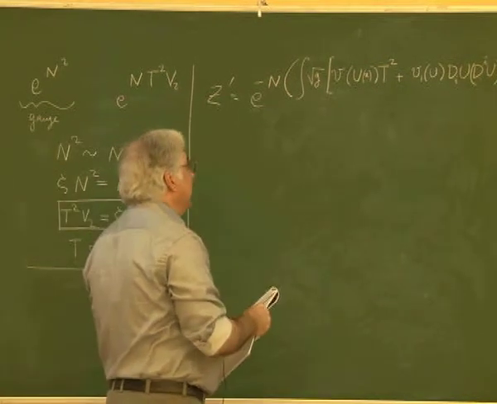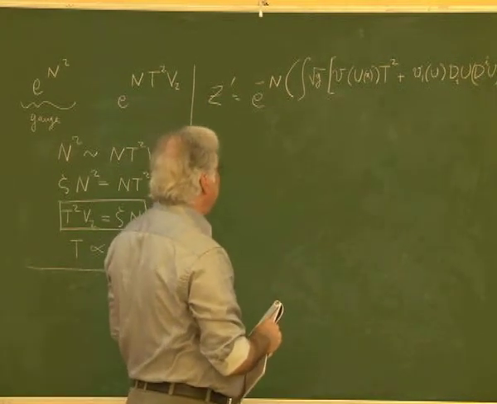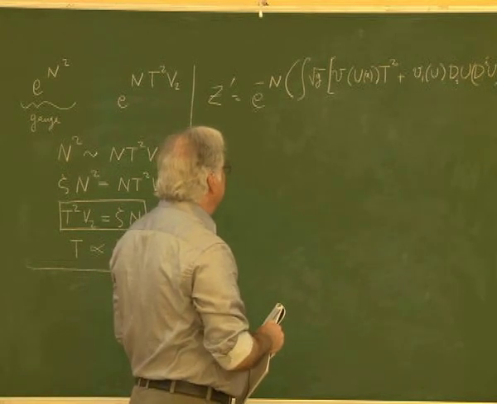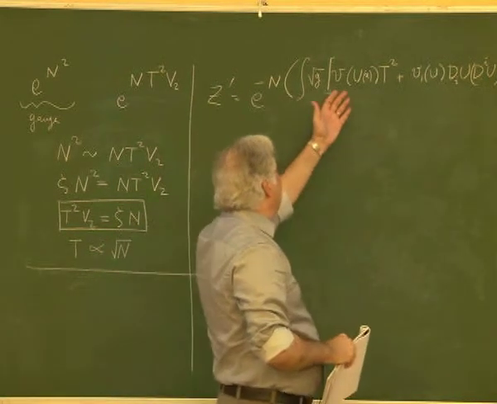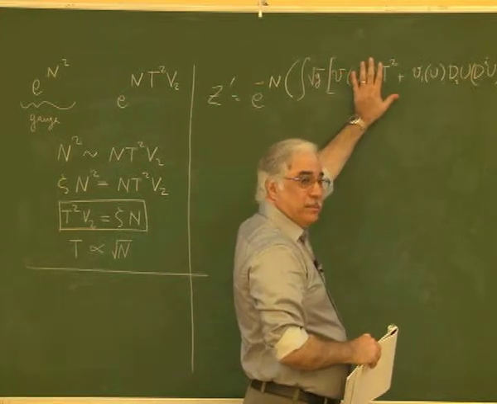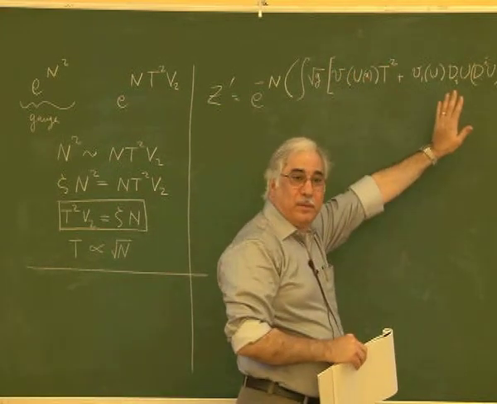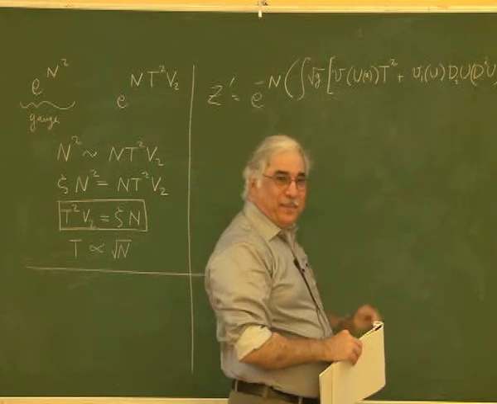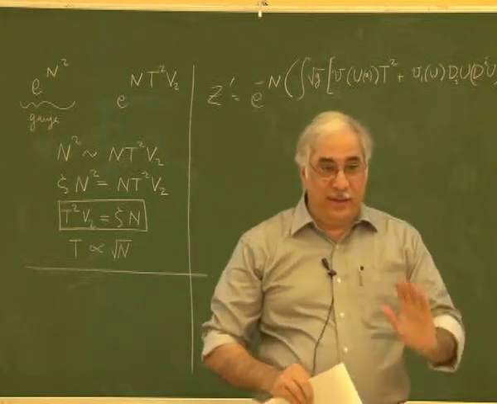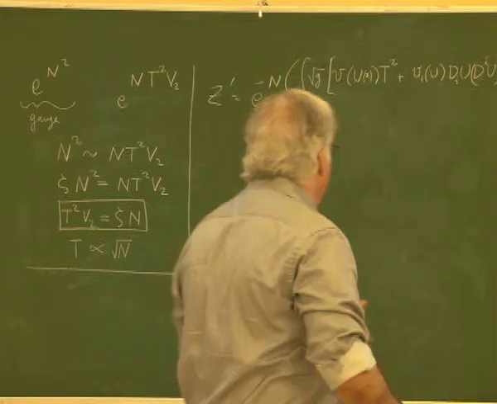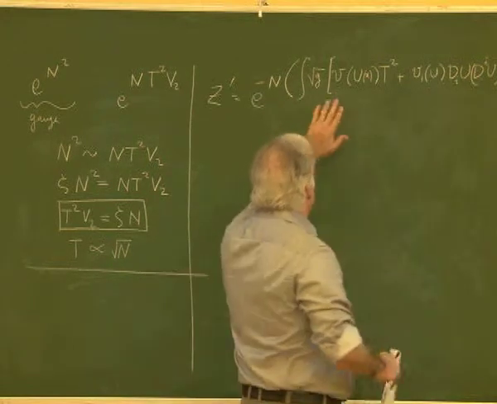Now it is very clear that in the large N limit, this is the dominant term basically, and all the other terms will go away. I wrote this down just using dimension analysis.